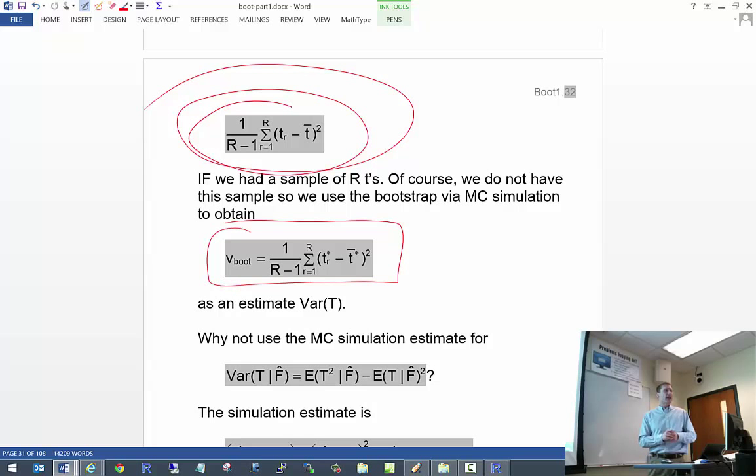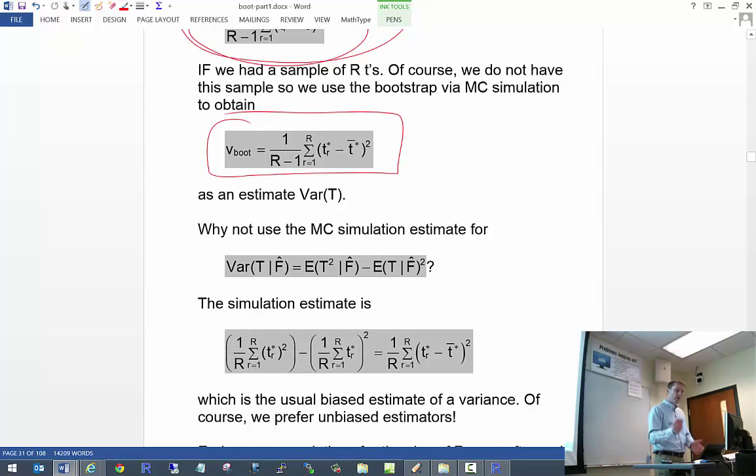I'm going to denote that as V sub boot, for lack of a better symbol. V boot. Now this isn't exactly equal to what would be the plug-in estimate of the variance.